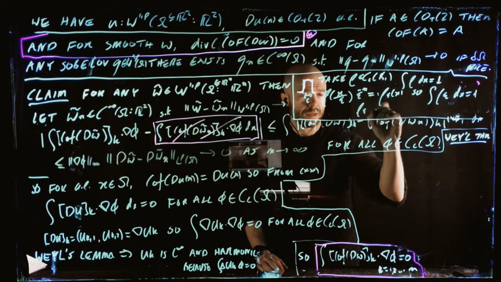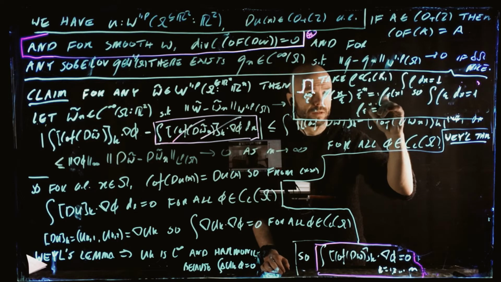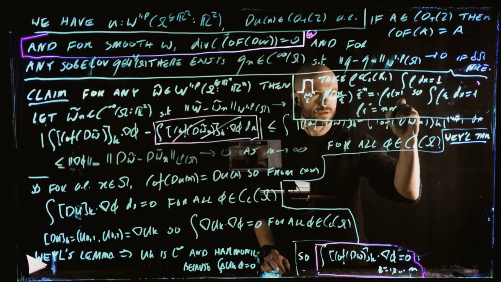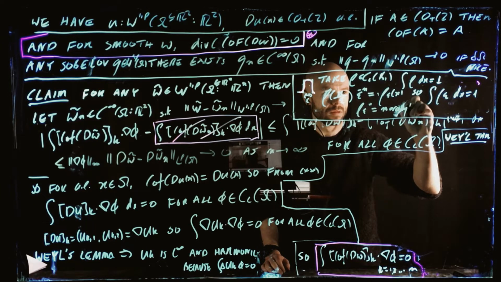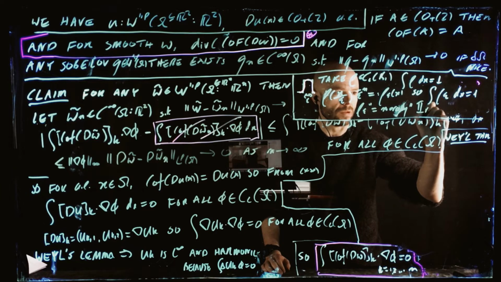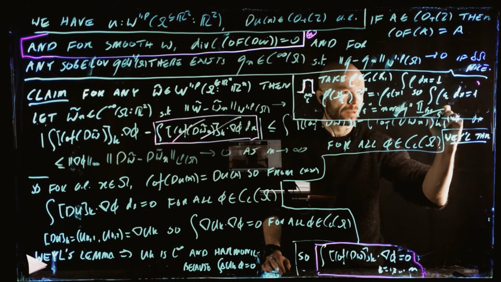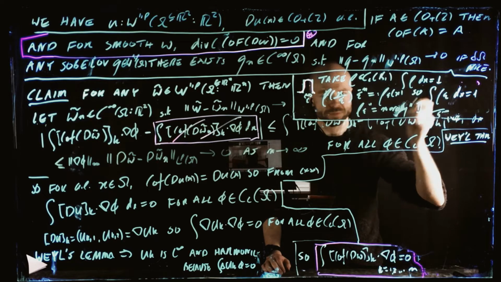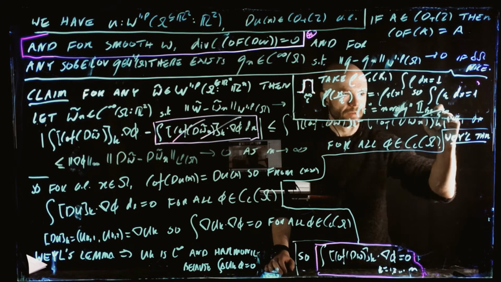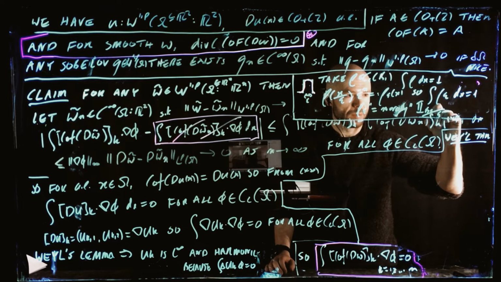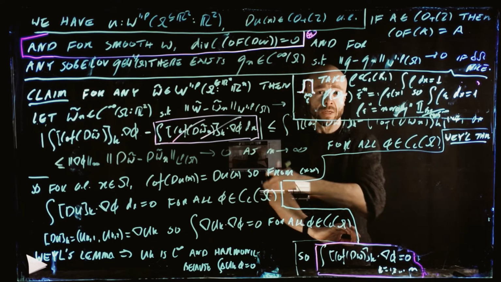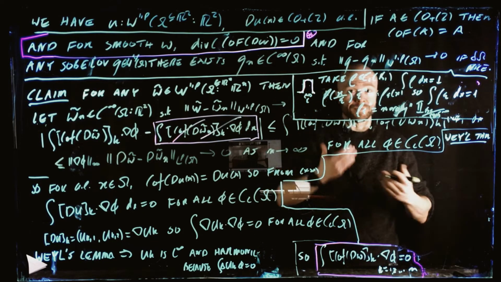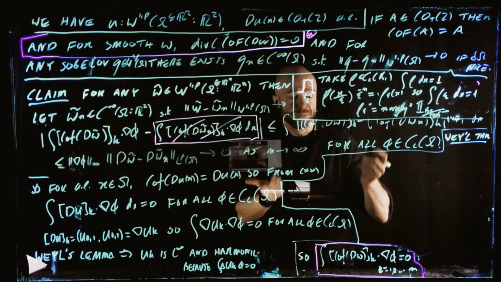So morally, it's the characteristic function of the ball of radius epsilon times epsilon to the minus n, times whatever normalizing constant, say gamma of n, the volume of the ball of radius 1, to make this equal to 1.